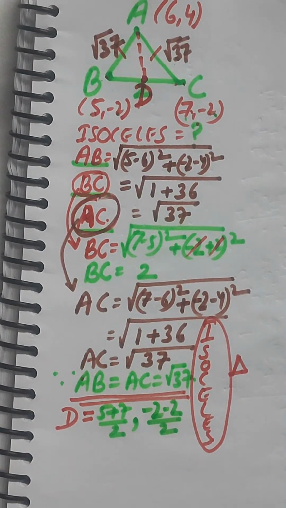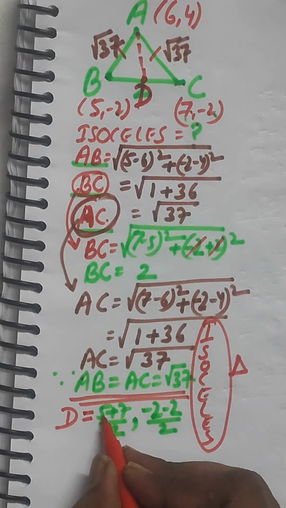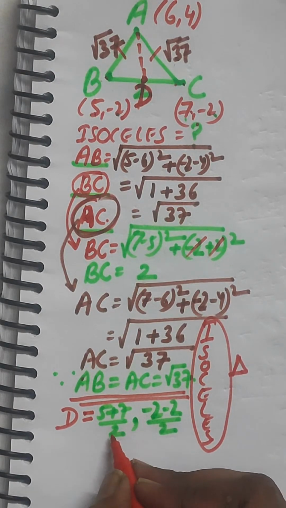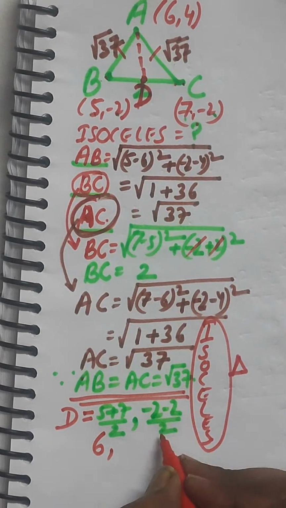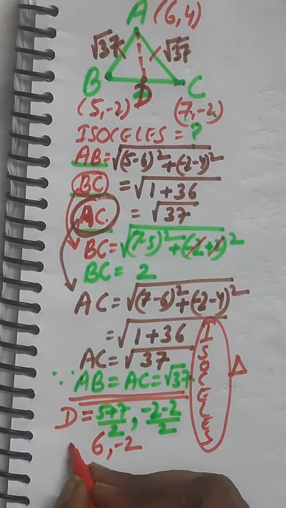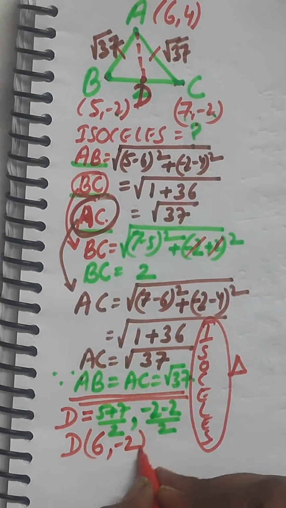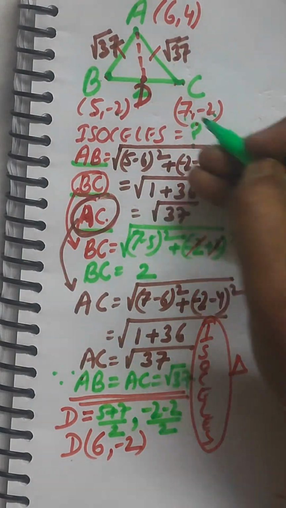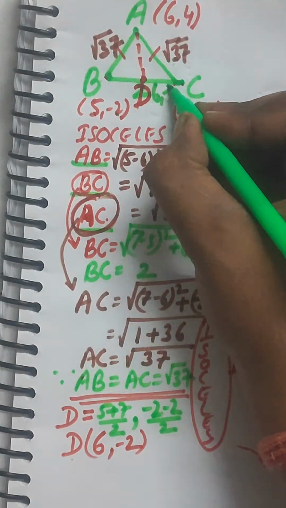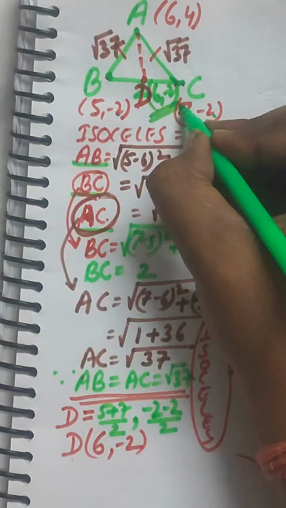So you got the coordinates of D: 7 plus 5 is 12 by 2, that is 6, and minus 2 minus 2 is minus 4 by 2, that is minus 2. So the coordinates of D are 6 and minus 2.